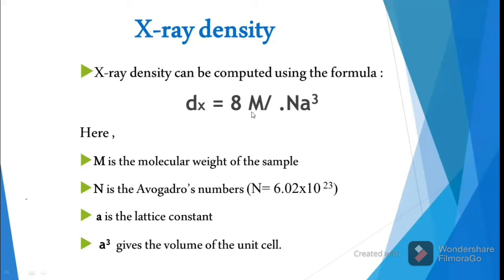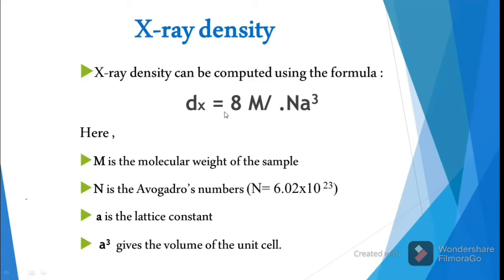If you are using magnesium ferrite, MgFe2O4, then you can calculate the molecular weight of magnesium and iron. Just put the atomic mass of magnesium and the atomic mass of iron multiplied by 2, and by summing these you can calculate the molecular weight of your sample.